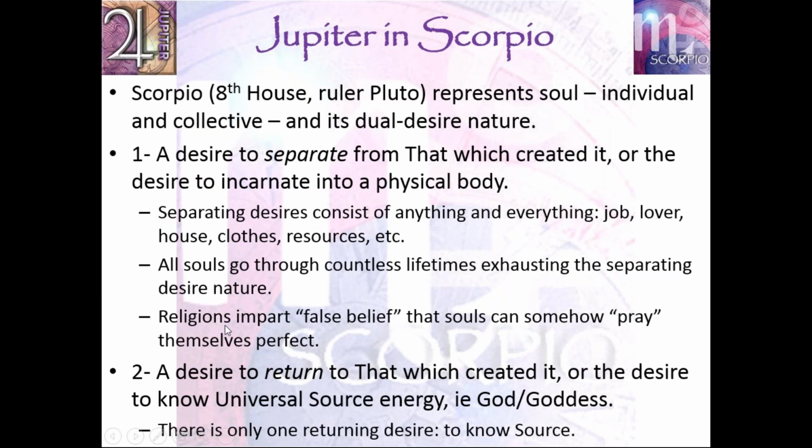And so this is when the other opposite desire comes in, the desire to return to that which created us, or the desire to know universal source, God, Goddess, Great Spirit, the big kahuna, whatever you want to call it. There really is only one returning desire, and that is to know source. And in natural law, these two desires interplay with each other.